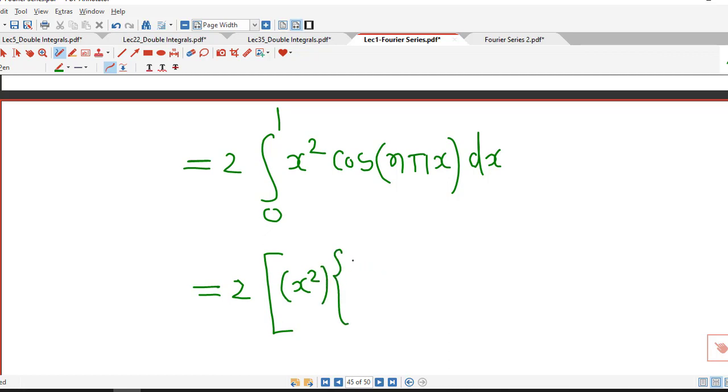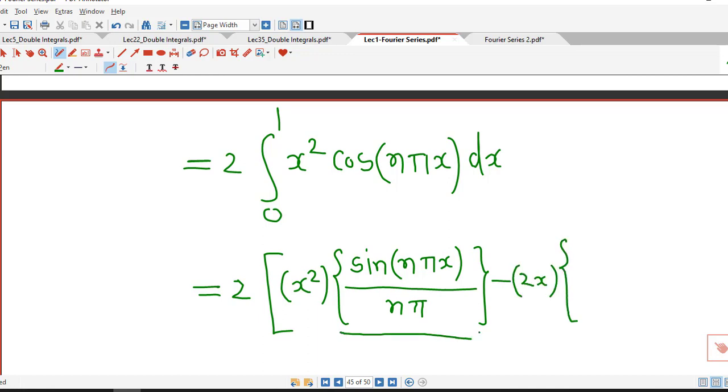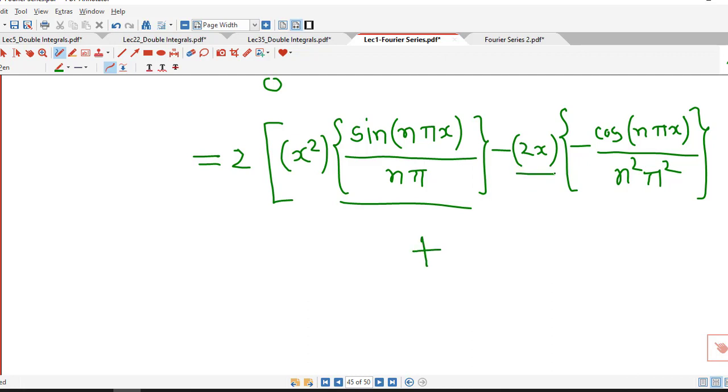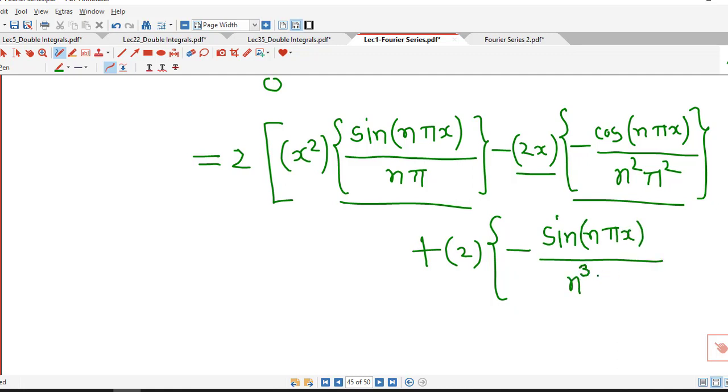So x square as it is, integral of cosine function is sin(n pi x) divided by coefficient of x, which is n pi, minus derivative of x square, integral of this bracket, which is minus cos(n pi x) divided by n pi into n pi, which is n square pi square, plus derivative of 2x, which is 2, integral of this bracket is sin(n pi x) divided by n square pi square into n pi, that is n cube pi cube. x has the limits from 0 to 1.